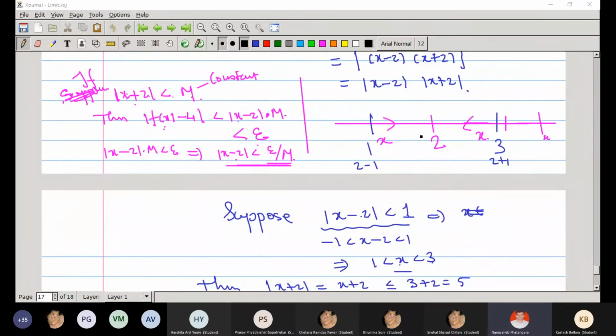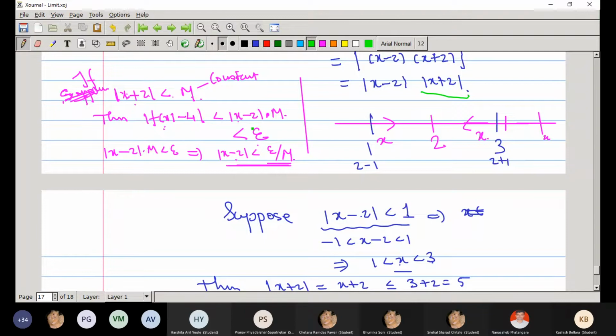Fine. So now, what was our idea? Can you control the term x plus 2, right? We wanted to control this term x plus 2. And if somehow we are able to control the term x plus 2, then it will be easy to guess the possible value of delta, right?